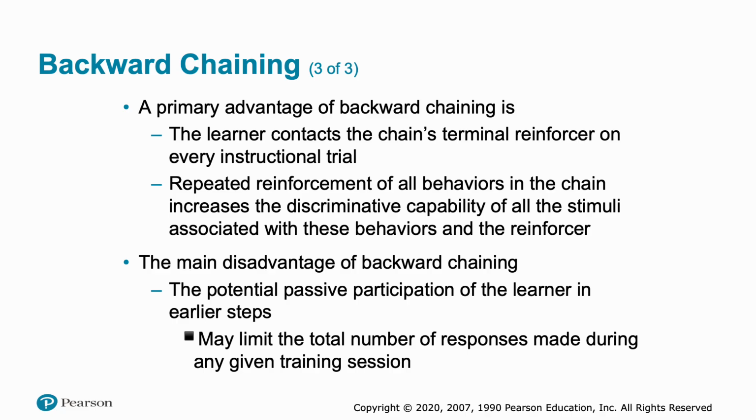So repeated reinforcement of all behaviors in the chain increases the discriminative capability of all the stimuli associated with these behaviors and the reinforcer. The main disadvantage of backward chaining is the potential passive participation of the learner in the earlier steps. So it may limit the total number of responses made during any given session.